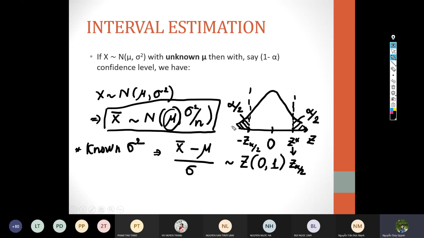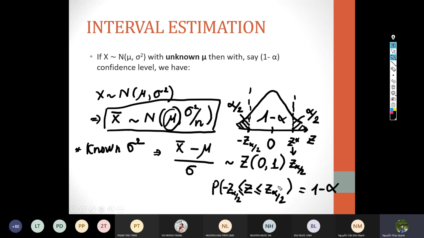Because each tail area has the value of alpha divided by 2, the middle will be 1 minus alpha, which means the probability that z falls into the range from minus z alpha divided by 2 to z alpha divided by 2 is equal to 1 minus alpha.